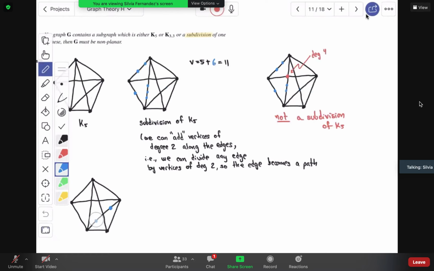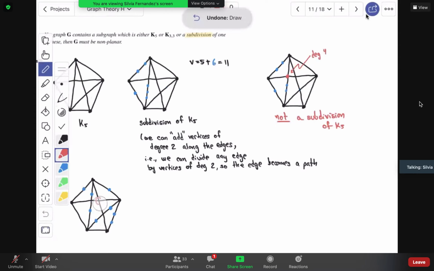Another vertex on top of that one, that's a subdivision of K5. This one, whatever you want. All of those are subdivisions. At every stage, I have a subdivision of K5. The only thing that I'm not allowed to add as a vertex is this, or that, not the crossings. Make sense? Yeah, a little bit.